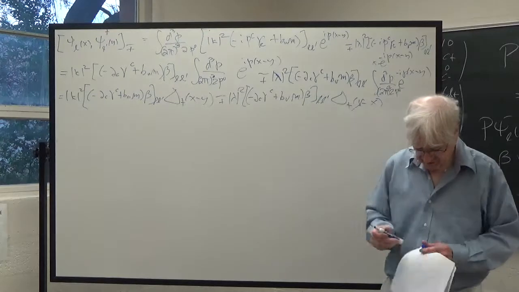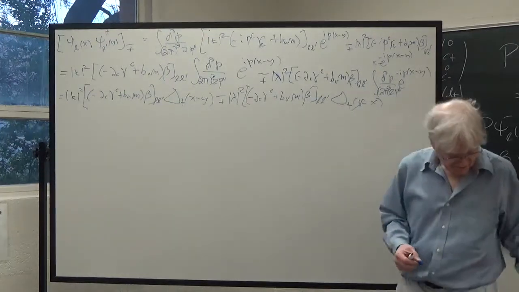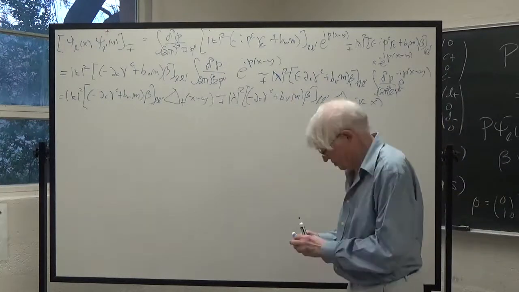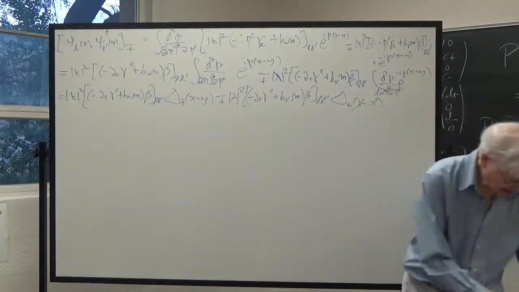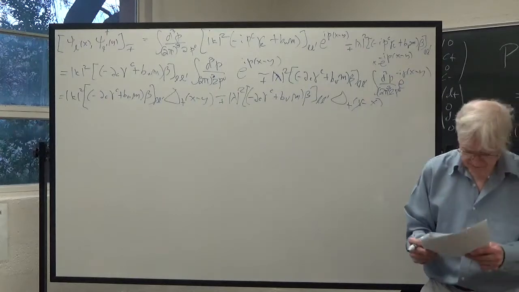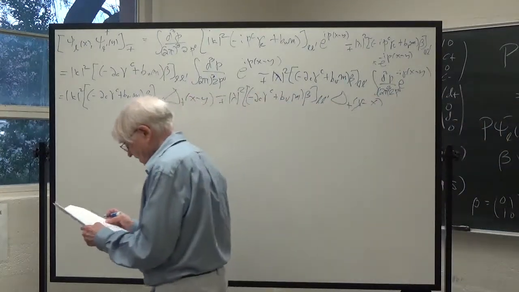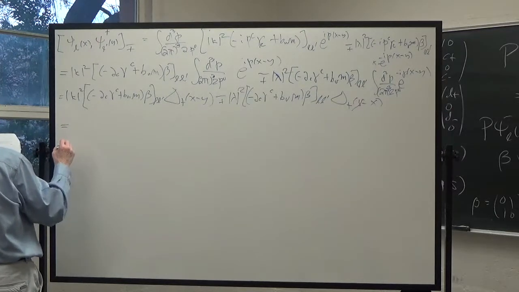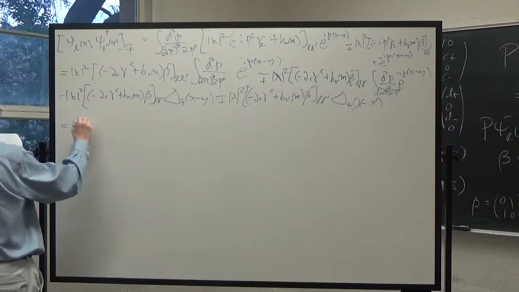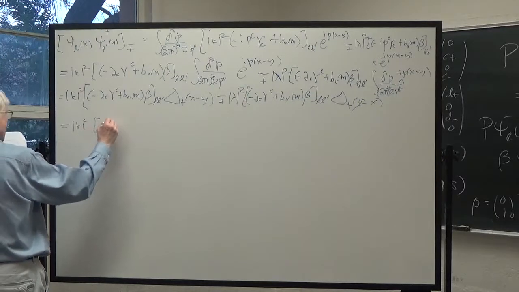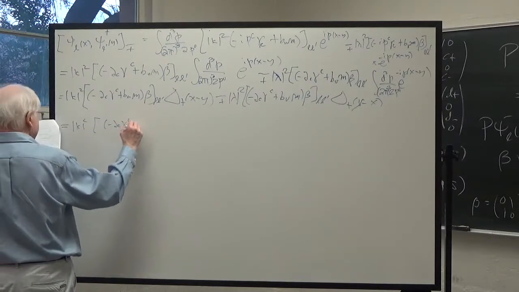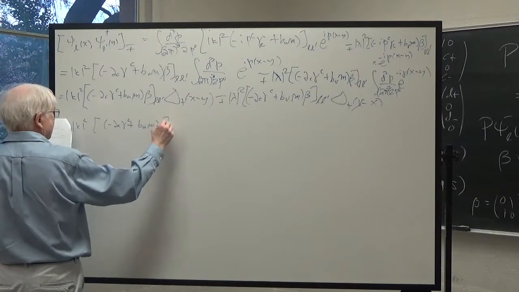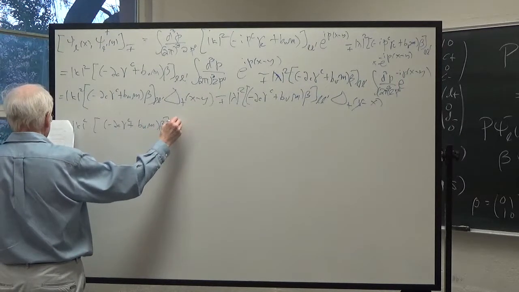Now, I should have closed this thing. Let me see how well this is. So what we've got is that this is actually equal to kappa squared minus dc gamma c plus bum beta L prime.